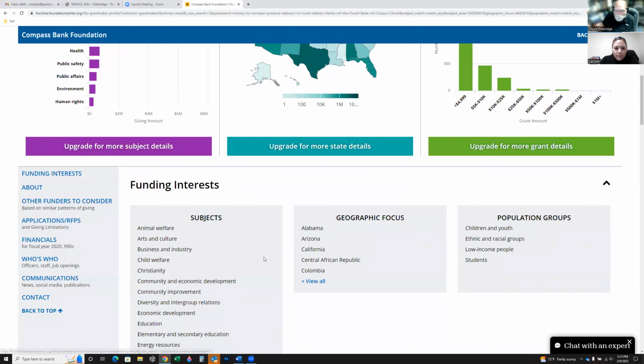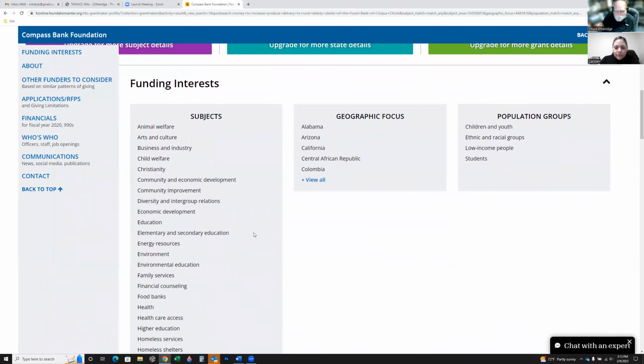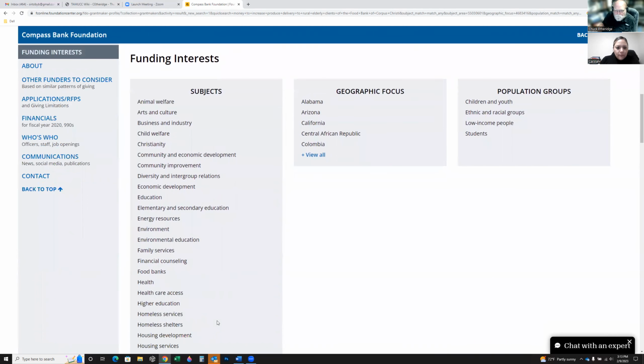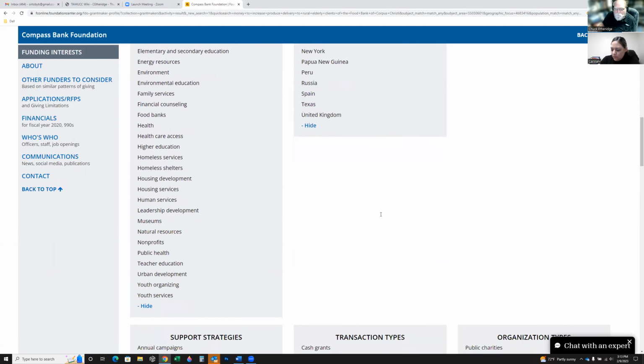A wide variety of interest, specifically food banks and human services. Food banks. Lots of different countries and a few states in the US. Low income people.